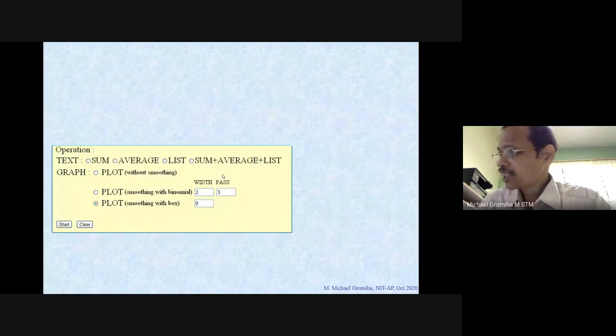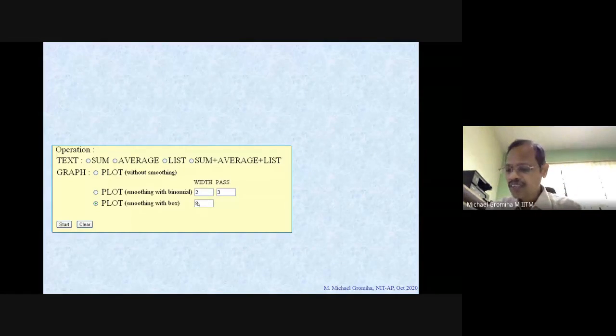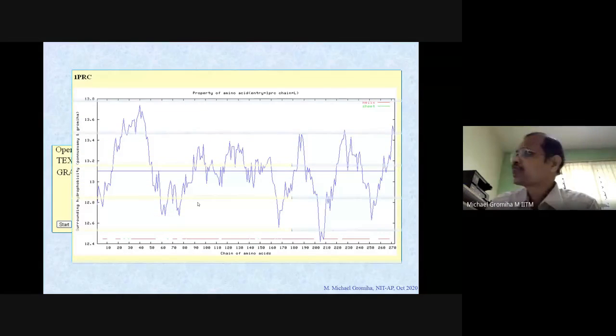And the second aspect, we can also smooth the plot. That means if you take a window smoothing of 9 residues, you take the average of these 9 residues, or take the average of 9 residues on the left side and 9 residues on the right side. If you do that, you get a graph like this.